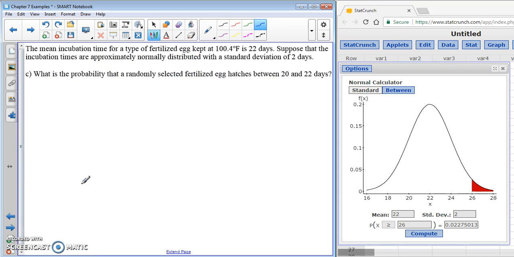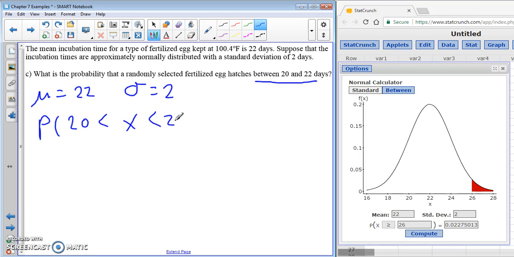Our next part here. We want to know the probability that a randomly selected fertilized egg hatches between 20 and 22 days. Again, our mean is 22, our standard deviation is 2, and we're looking for the probability that it's between 20 and 22.